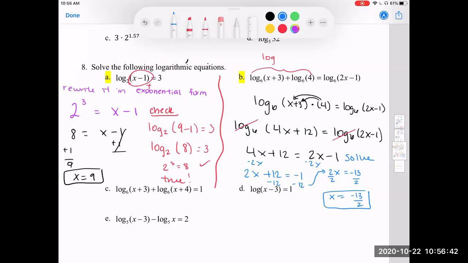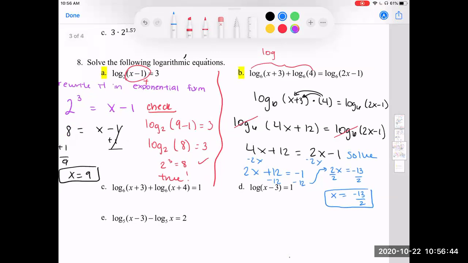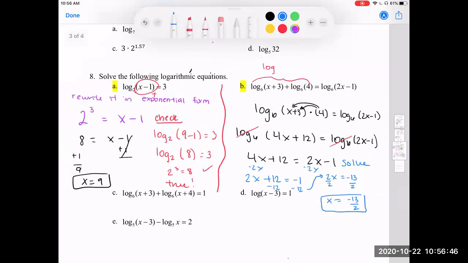And that's B. And I think B won't work. I think B will produce a negative and thus be a false solution if you check it. I'll let you check it on your own.